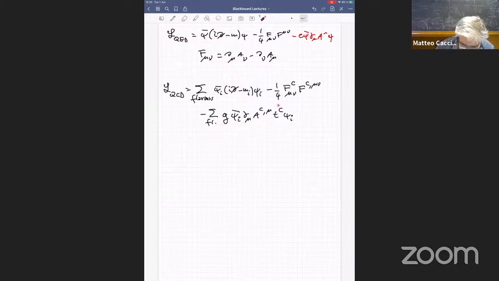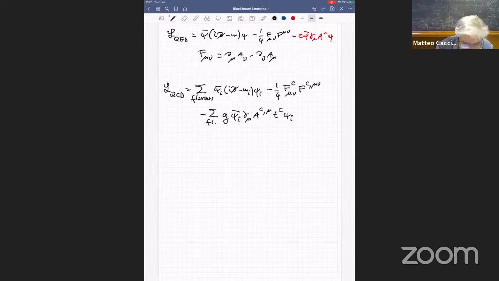The difference is that the generators of the group enter here, and you have not a single kind of photon, as in QED, but actually 8 kinds of gluon.